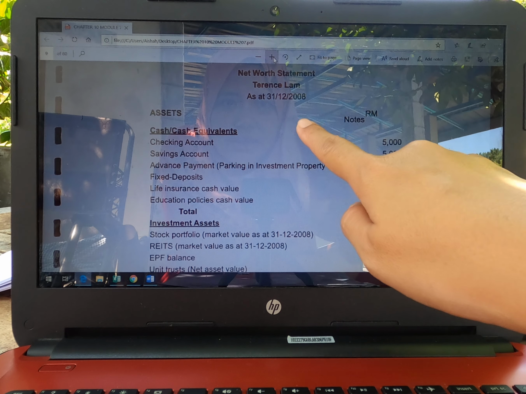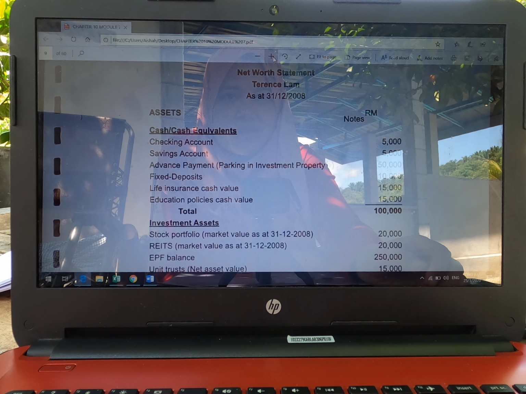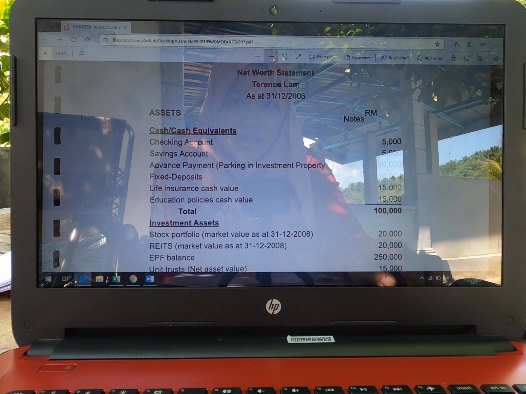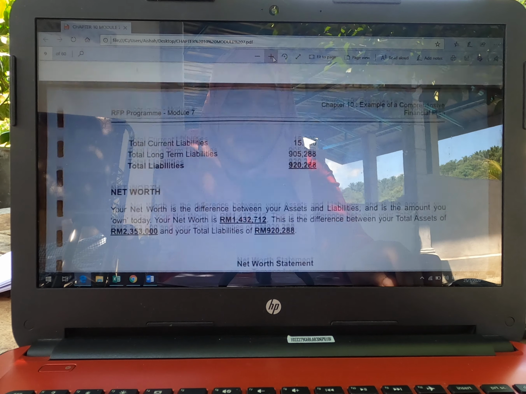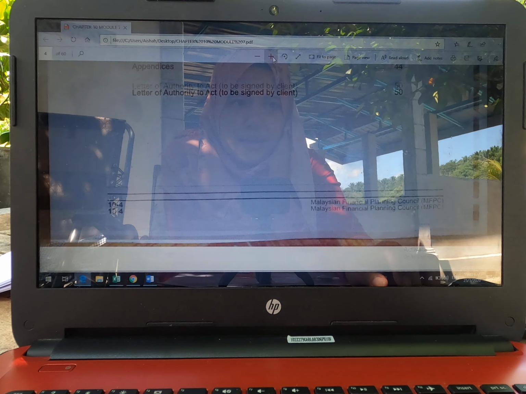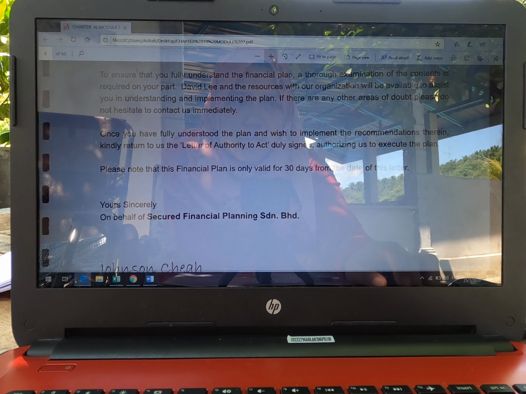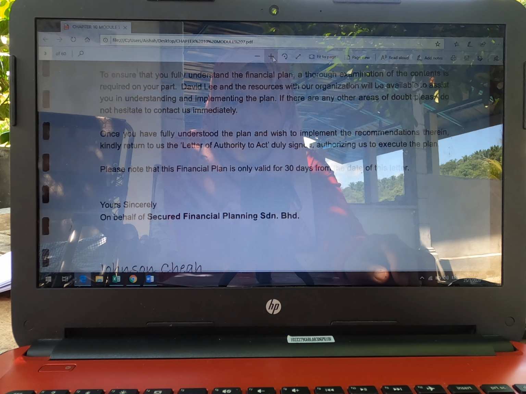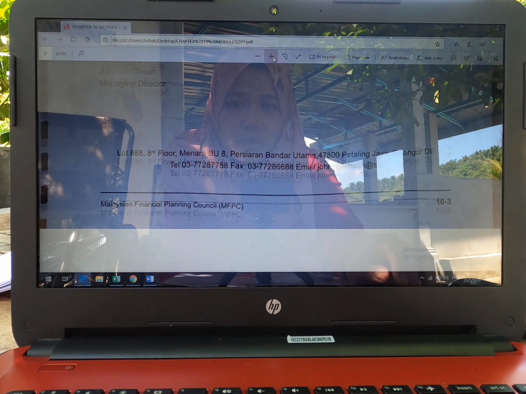Right here, you can see the net worth is as at 31st December 2008. So based on the information collected in the fact-finding sheet as at 31st December 2008, they prepared this financial report and submitted this document to the client somewhere in 2009. This is something that you have to pay attention to and take note of.